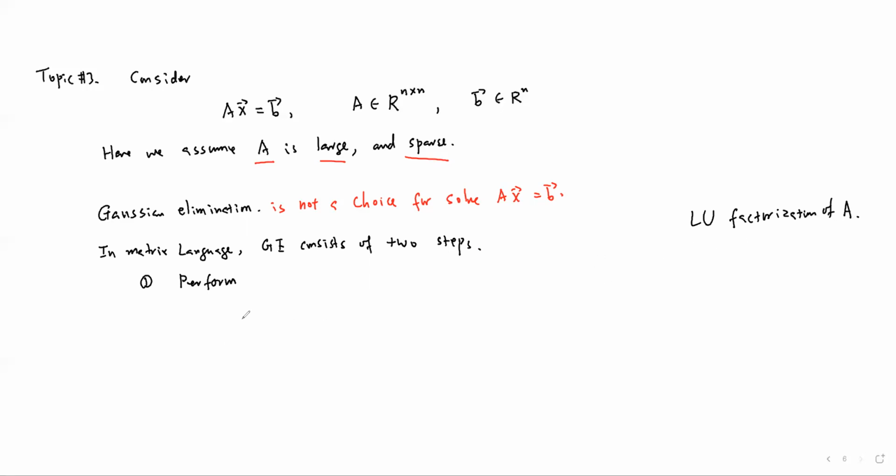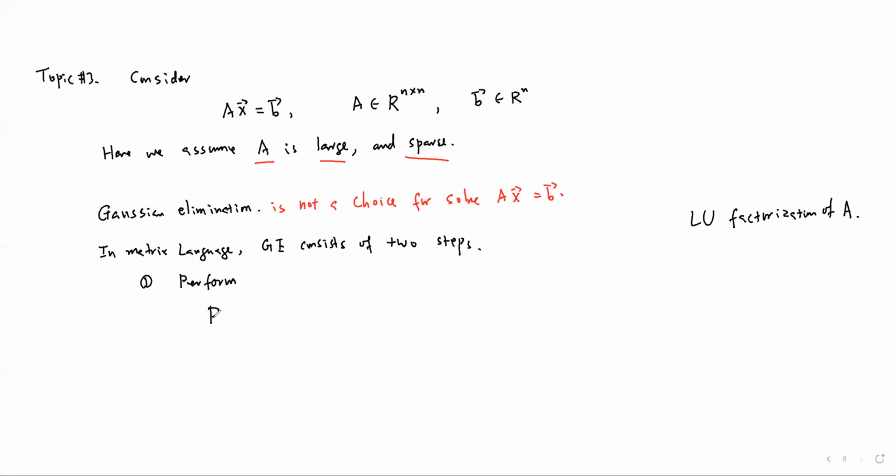In more general, perform PLU factorization. That means performing P. P is a permutation matrix. What does permutation matrix mean? A matrix obtained by interchanging the rows of the identity matrix is called a permutation matrix.